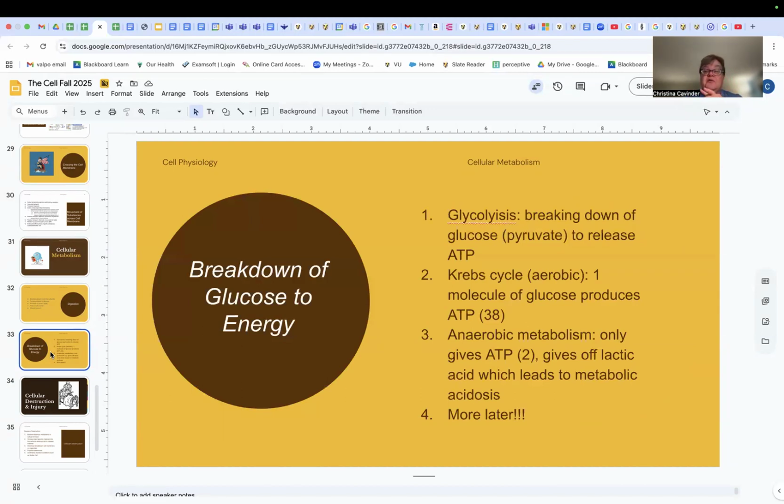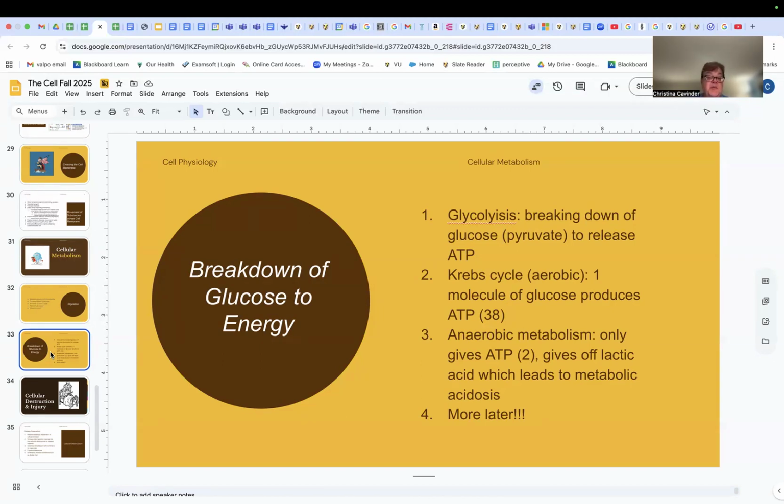The breakdown of glucose to energy, though, and this is just one of those pathways. Remember, we said carbohydrates go to glucose. Glucose then goes through glycolysis, and it breaks down glucose to pyruvate, and pyruvate then releases ATP. So when that pyruvate comes into this cell, it goes through some stages, and one of those is the Krebs cycle.